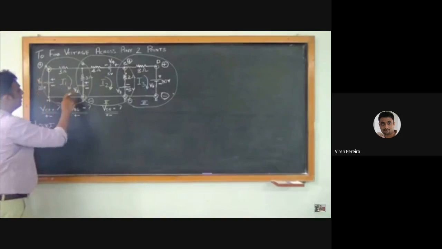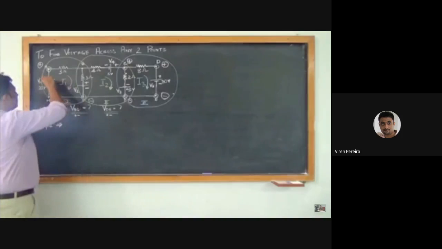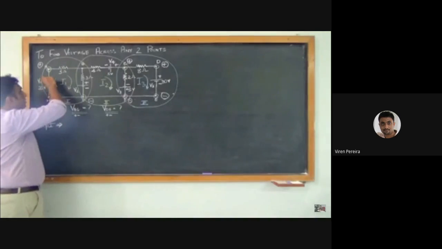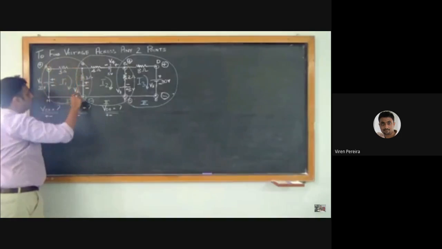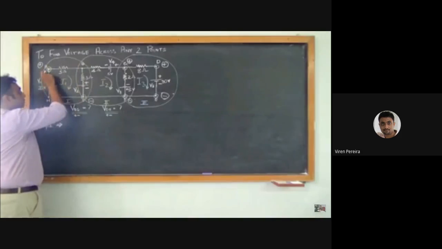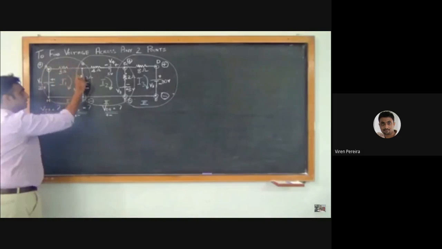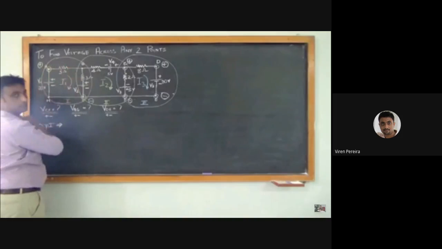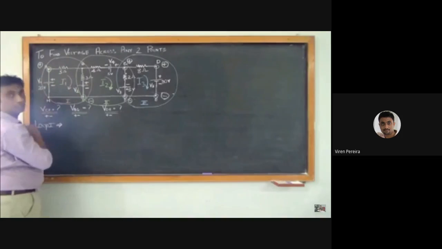I have V1, I have V2. Now V1, your current that is flowing from V1 will move from positive to negative. See the loop and see my finger. It's moving from positive to negative. So what direction is this? Clockwise. Clockwise is matching with I1, so this is positive.